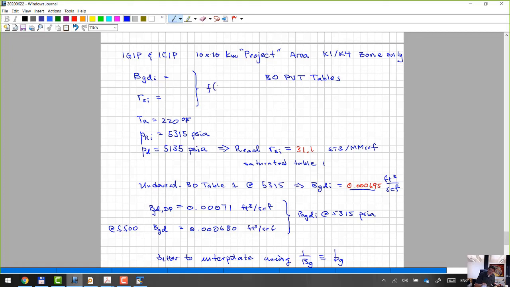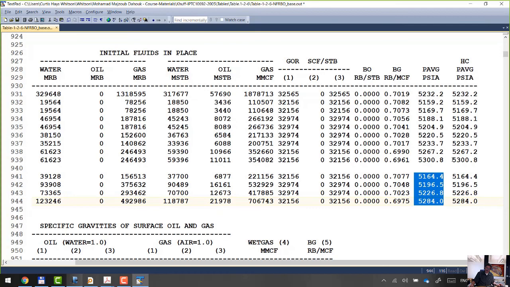So it's a function of the composition, the initial composition, reservoir temperature, and initial reservoir pressure. This is a function of depth. So I suppose you could check these numbers here if you use the pressures that are shown over here, 5164.